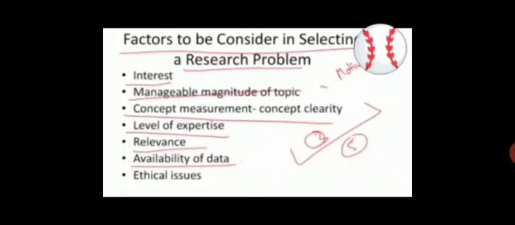And next thing is ethical issues. Whenever you are selecting a research problem or research topic, you have to keep in mind the ethical issues. Means your topic should be relevant to your culture and your society. It should not conflict with your society or your norms and values. Say for example, your topic should be acceptable in the society. You should not choose such a topic which is ethically not acceptable in the society.